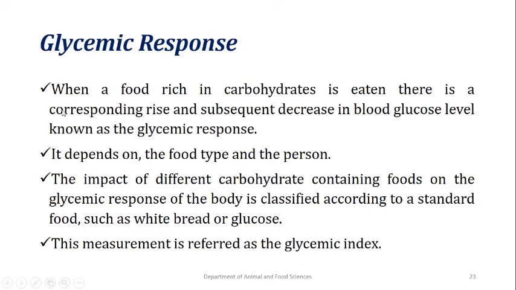The glycemic response is that when we eat a carbohydrate rich food, it increases the blood glucose level, and with time it decreases. And to compare the glycemic response of different foods, we have an index or scale called glycemic index.